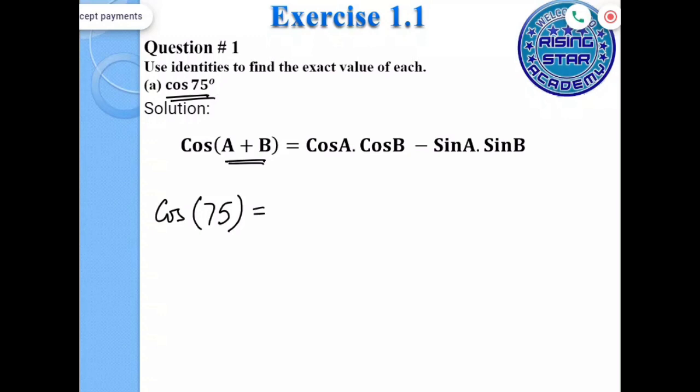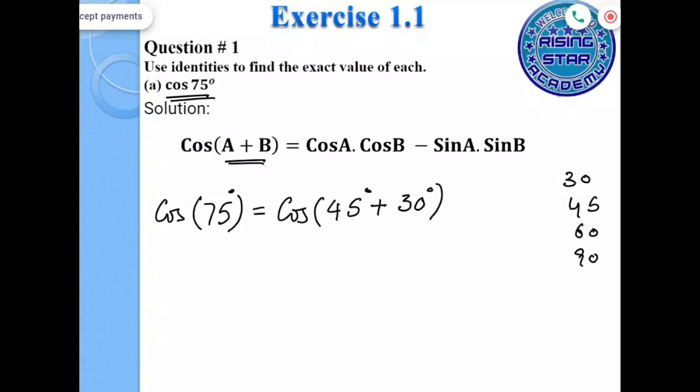So we can write it like cos of 45 degree plus 30 degree. We always try to make it in multiples of 15 like 30, 45, 60, 90 and so on. Now when we add them we will get 75. So this thing is similar to this.